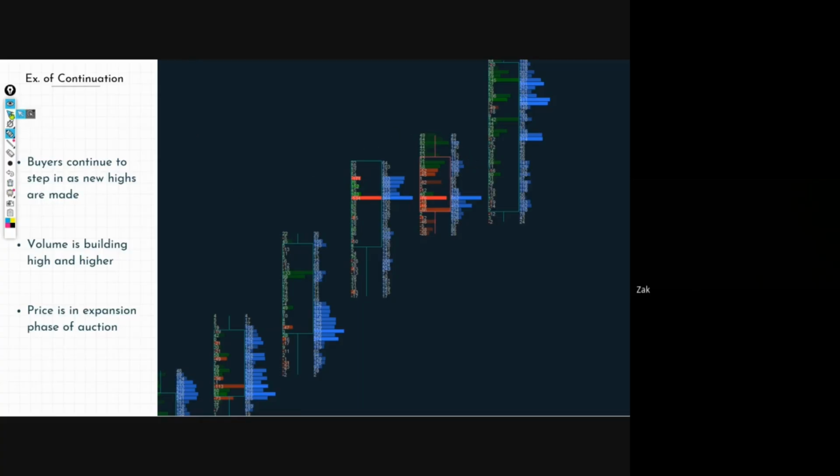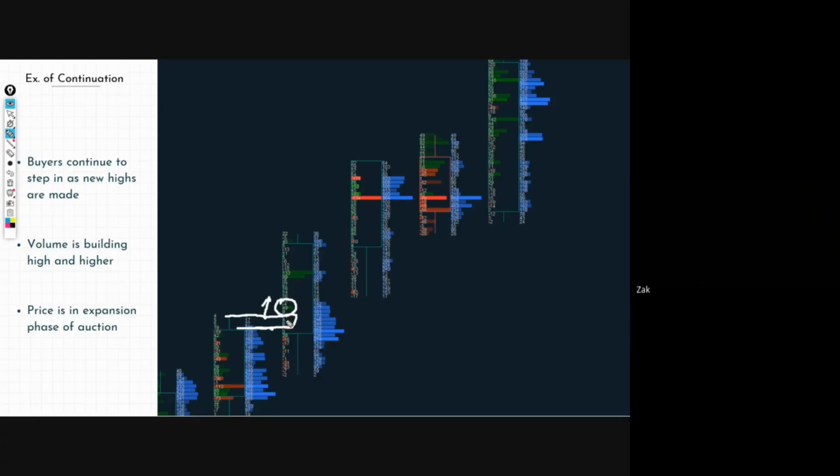But for example, this is a clean view of what continuation looks like. To break it down, you're just seeing buyers continue to step in as new highs are made. I like to imagine it as you're actually at an auction, and as price makes a new high above this candle's high zone, I'm looking at the liquidity and the market orders.